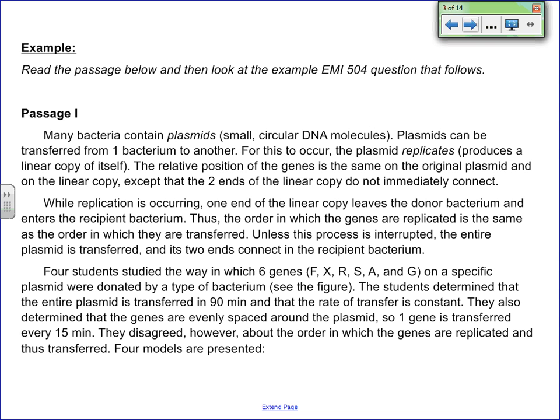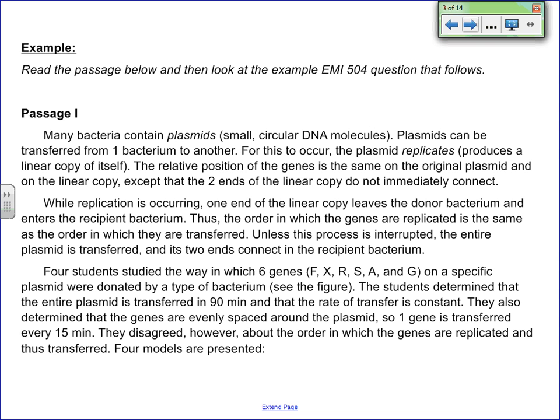Many bacteria contain plasmids, small circular DNA molecules. Plasmids can be transferred from one bacterium to another. For this to occur, the plasmid replicates, produces linear copies. The relative position of the genes is the same in the original plasmid and in the linear copy, except that the two ends of the linear copy do not immediately connect.